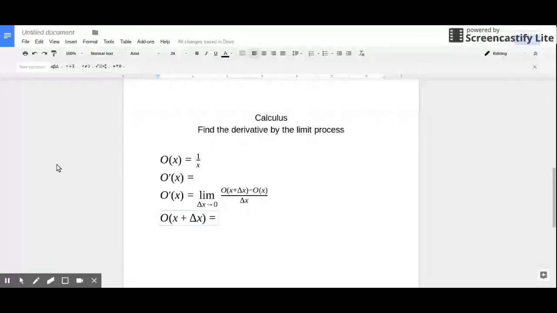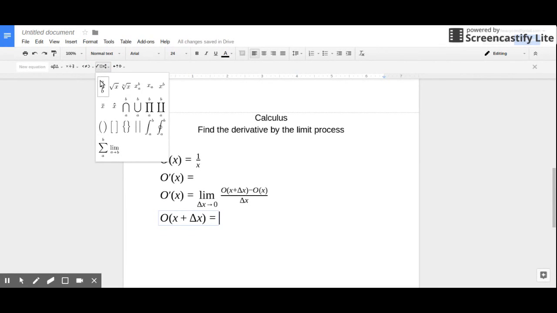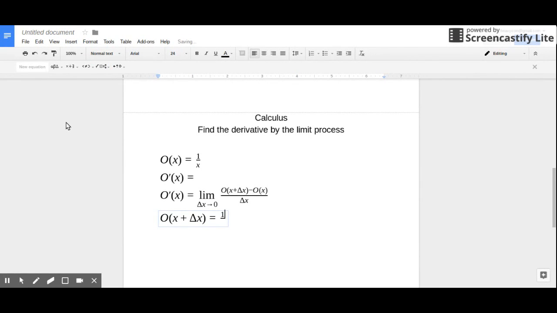I'm hoping that what I've done here has fixed that problem, because that was kind of getting on my nerves. All right, so we're going to take this x plus delta x and put it in the numerator here. Let me copy paste. Okay, so there it is. We put the x plus delta x down there in the denominator.